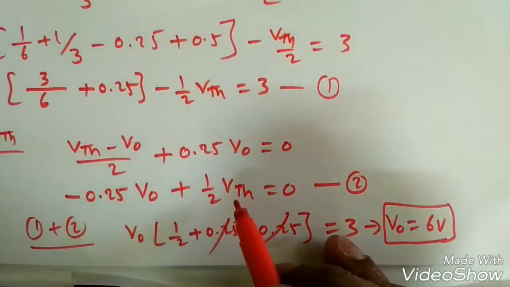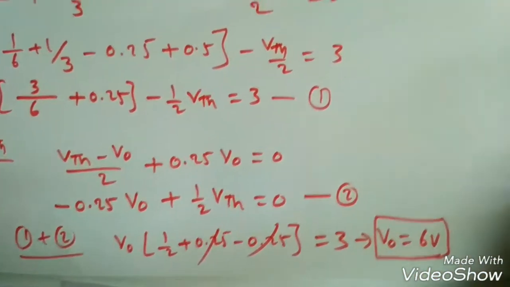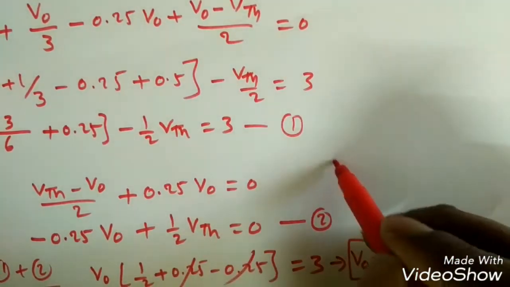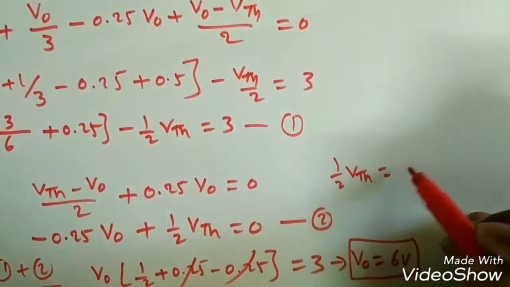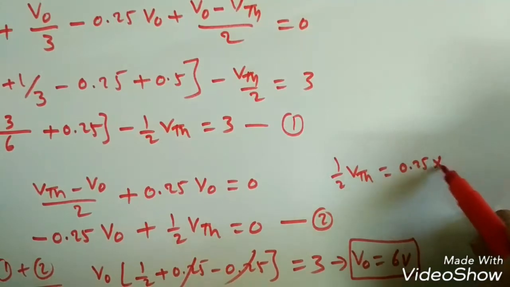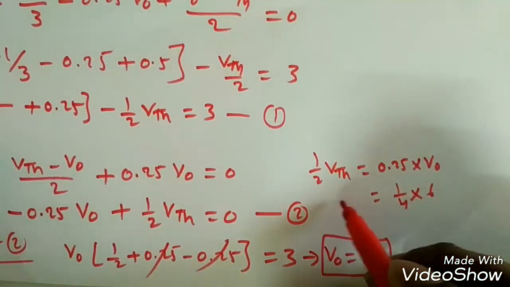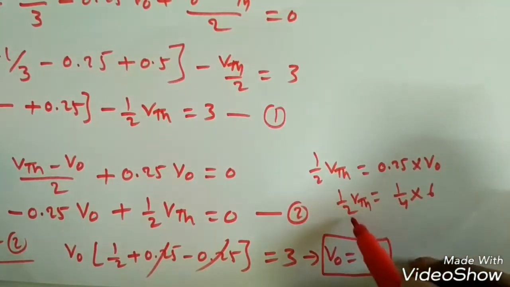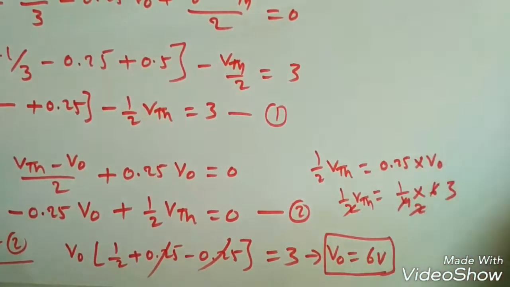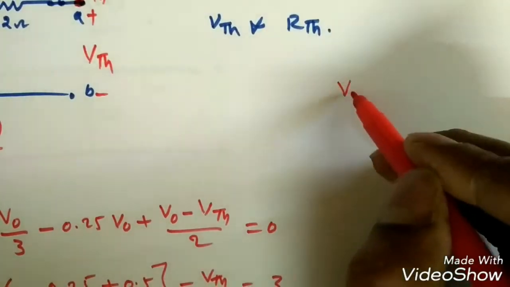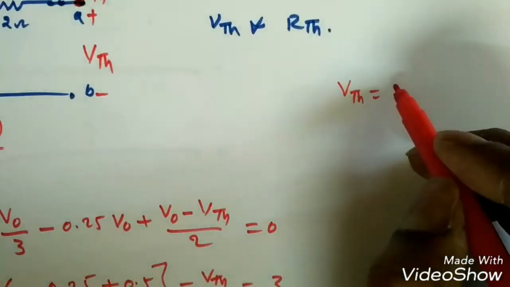Now we got V0 as 6 volt, then we can find VTH. From equation 2, 1 by 2 VTH is equal to 0.25 times V0. So 0.25 means 1 by 4 into 6. This is 1 by 2 VTH. So 2 2s, 2 3s. So VTH is equal to 3 volts.